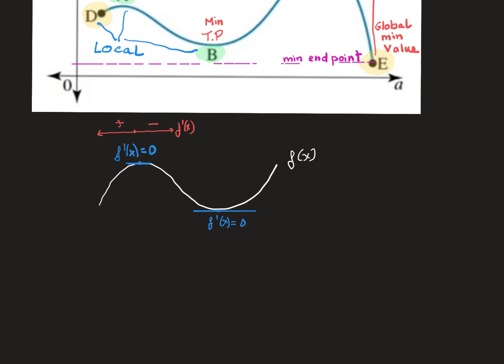And if I were to draw a sign diagram for this minimum point over here, I would have a negative and a positive sign across here. So this would be our f'(x). And it means that this indicates a maxima and this here indicates a minima.